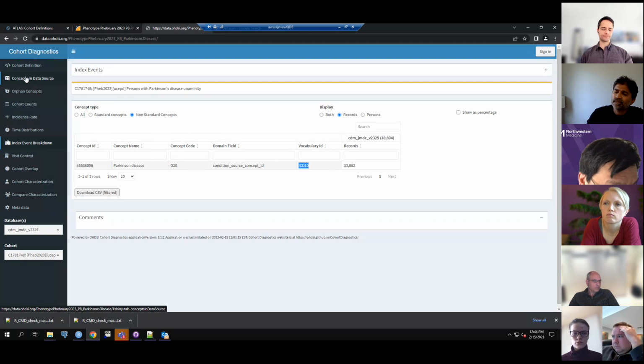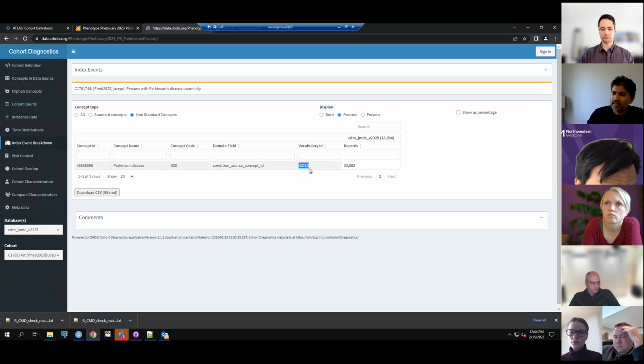So that's not the fault of OMOP, but what we want to know is, how do we characterize databases so we catch this, so that we can say this definition is valid for this type of OMOP instance and not that one? From what I understand, this is the input that came before being converted to OMOP.